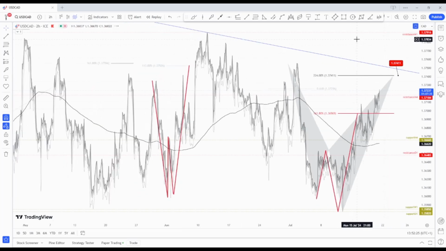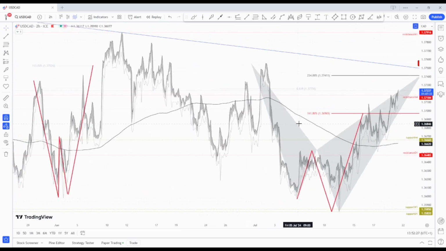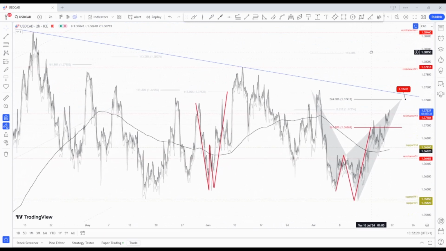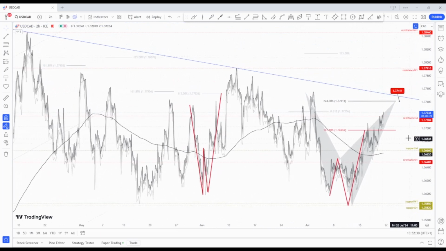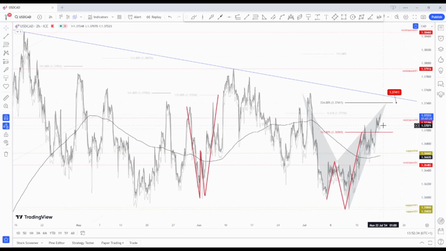Let's jump into the dollar versus the Canadian. We had some data recently, a few minutes before I started to record this video, which triggers this potential violation of the intraday resistance at 137.18.